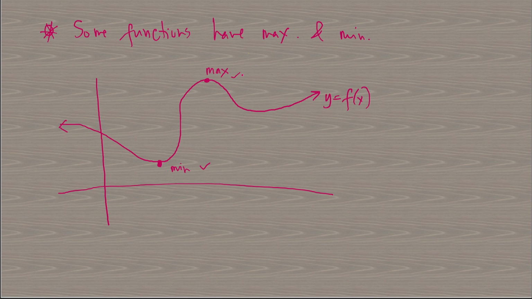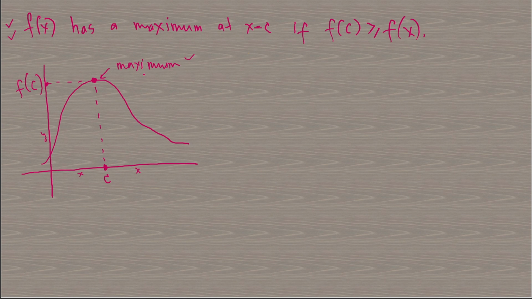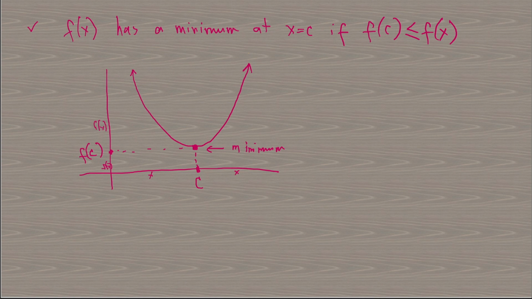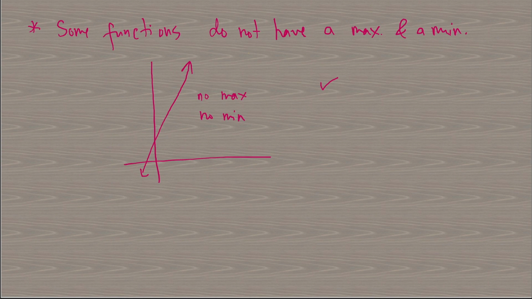So in other words, in any function, there are four cases that are possible. The first one, a function may have a maximum. The second one, a function may have a minimum. The third one, some functions do not have a maximum nor a minimum.